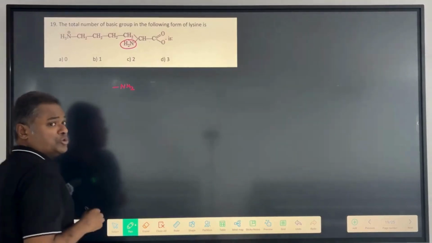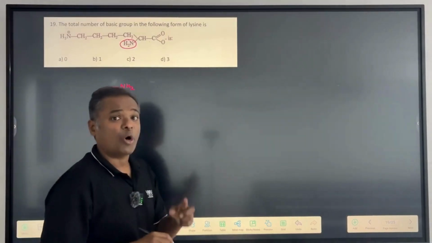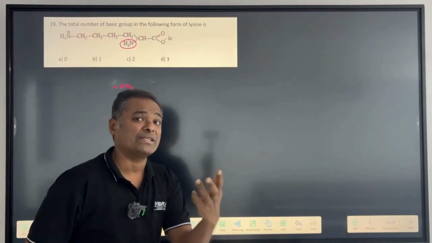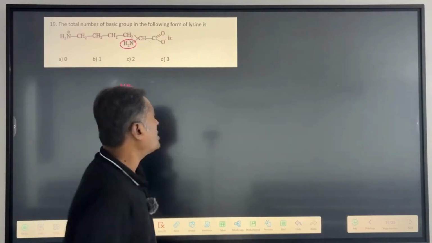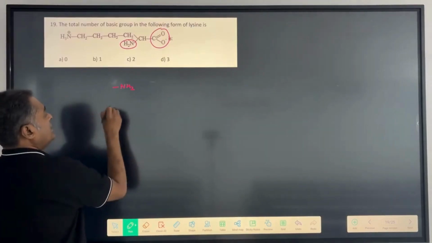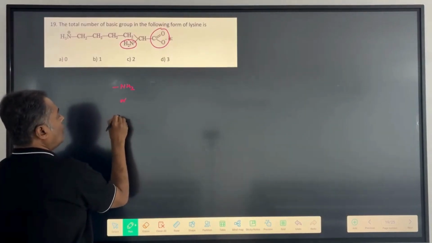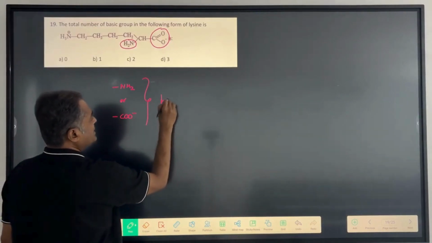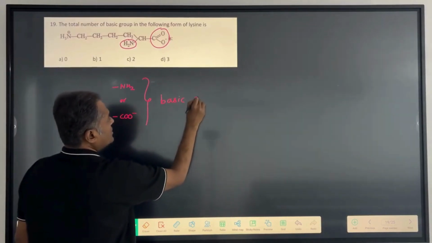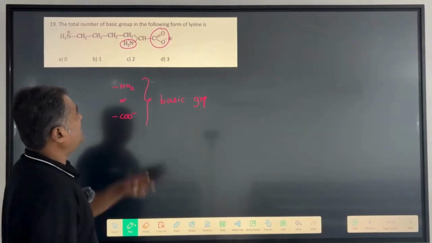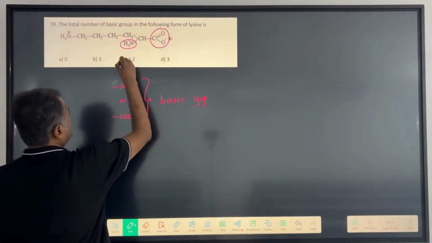But one more thing you should know, child: whenever a proton from a carboxylic acid is lost, you get a conjugate base. So this unit also looks like a conjugate base. Hence this group and this group, both of them can be called basic groups. Hence the correct answer is 2.